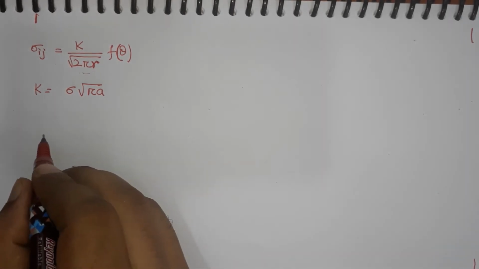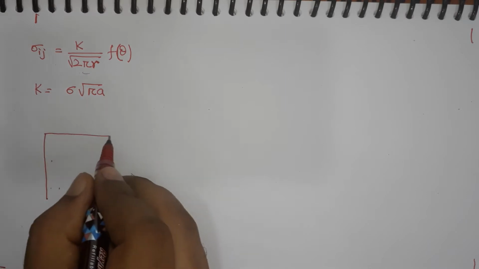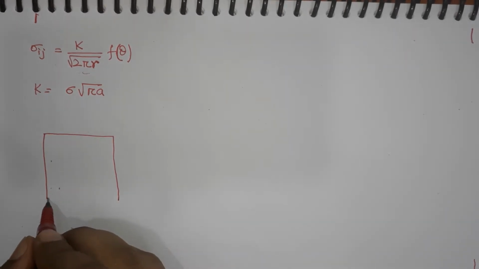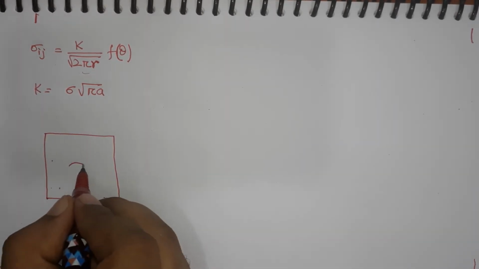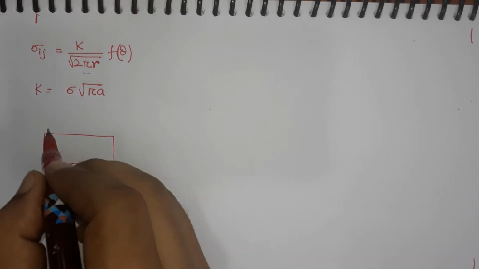So, for instance, Griffith calculated everything on a plate where the crack was embedded in the system, right.